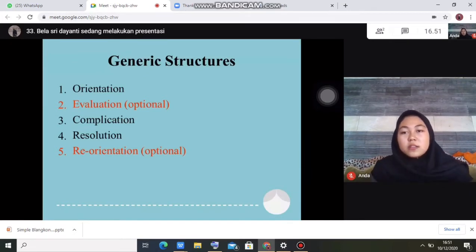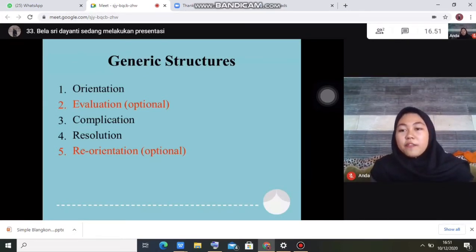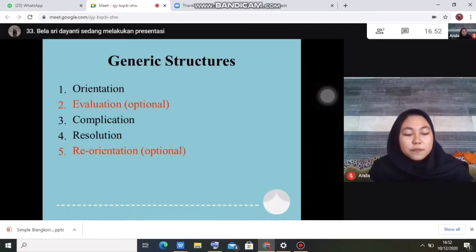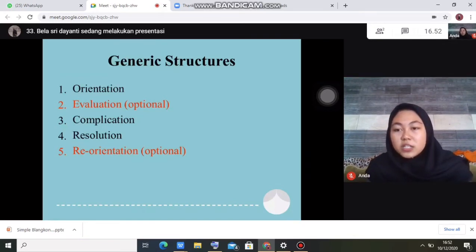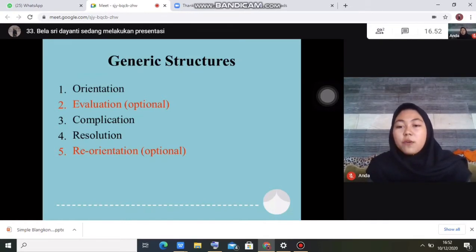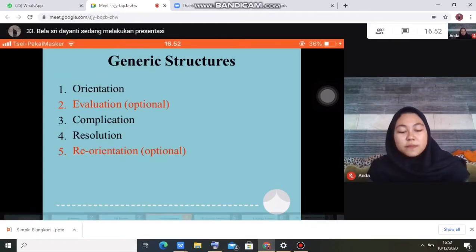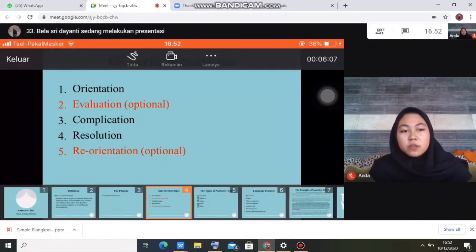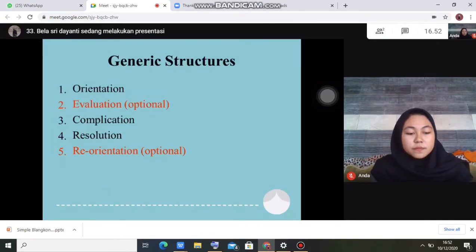In narrative text, there are five generic structures for writing a narrative story. The first one is orientation, second evaluation, third complication, fourth resolution, and the last is reorientation.